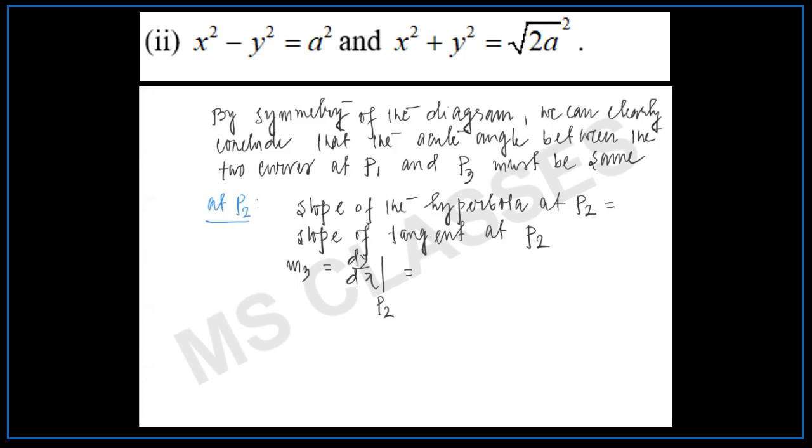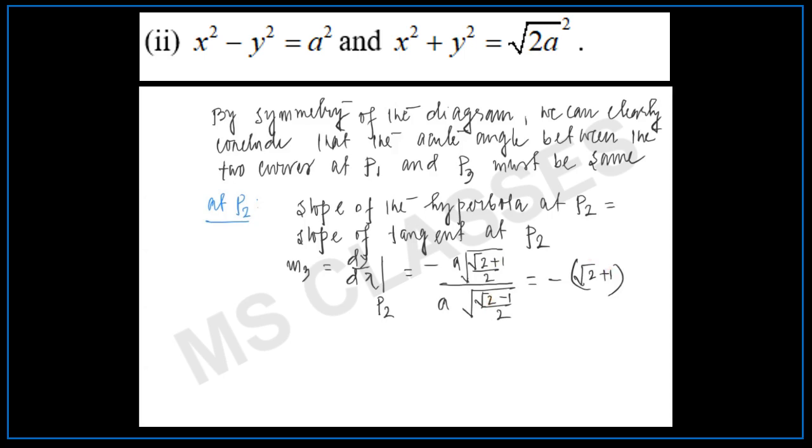So at P2 we have minus root 2 plus 1 by 2 under root, whole divided by a into root over of root 2 minus 1 by 2. On simplification, we get here minus root 2 plus 1, as we got earlier also. The same type of calculation we had while finding the slope of the tangent to the circle at the point P1. So same concept we have got.